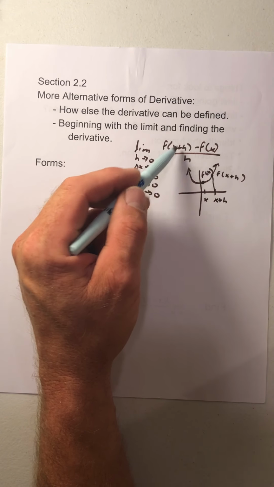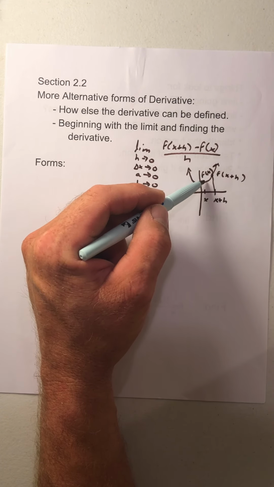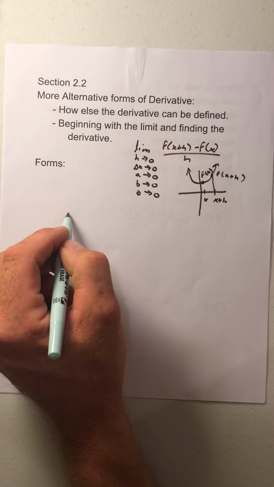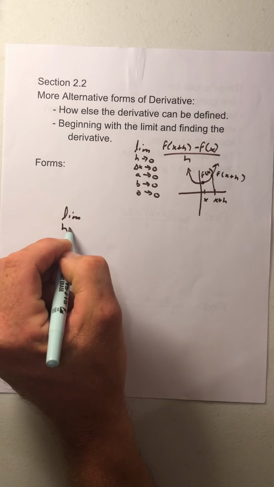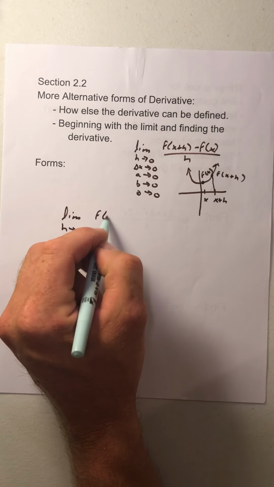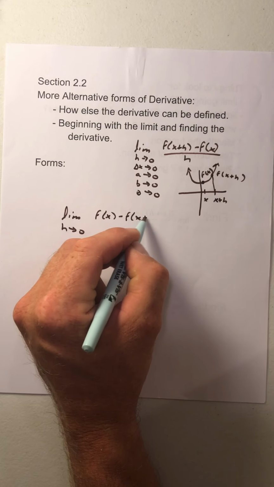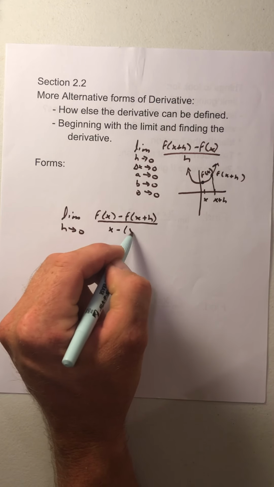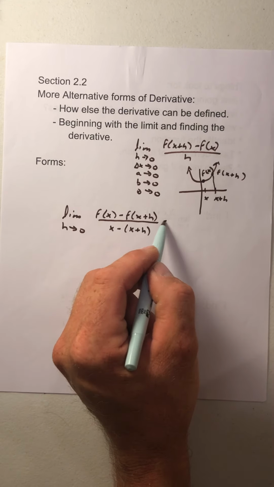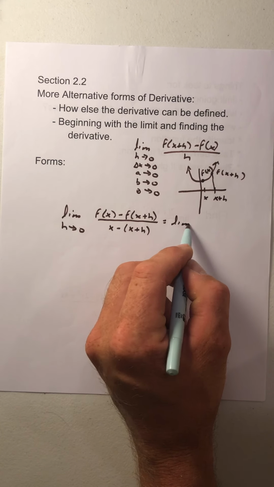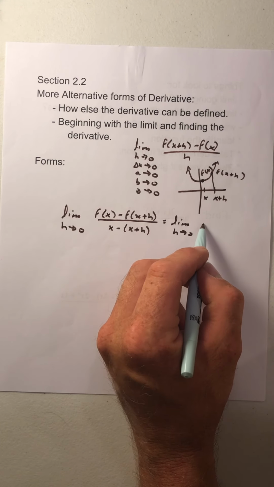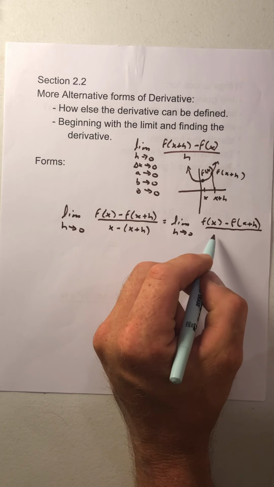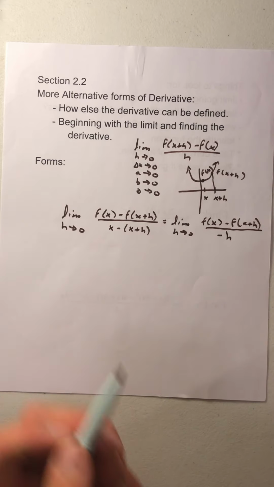What happens if this were to be switched around? What happens if we started with f of x and subtracted off f of x plus h? What would that look like? We would see the limit as h goes to 0 of f of x minus f of x plus h, and we would divide it by x minus x plus h. Simplifying that, we're looking at the limit as h goes to 0 of f of x minus f of x plus h over, the x's here would cancel, negative h.